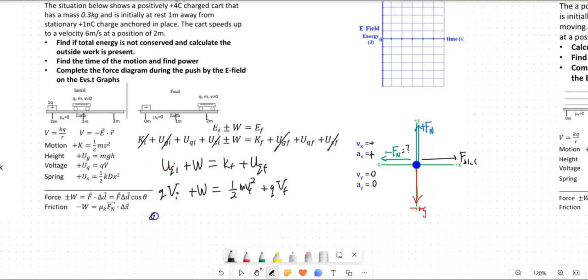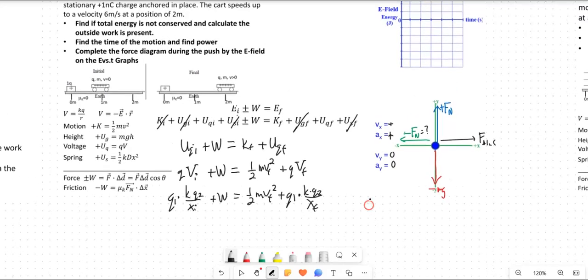It's caused by a point charge, K, and I'll number this now, KQ2, which is this positive 1 nanocoulomb charge at the initial position, plus work equals 1/2 mv final squared plus Q1 times K times Q2 all over the final position.